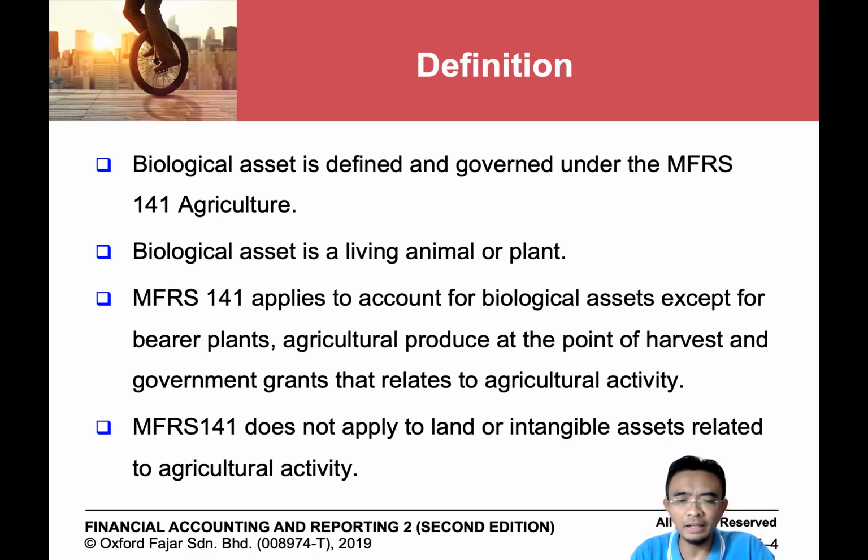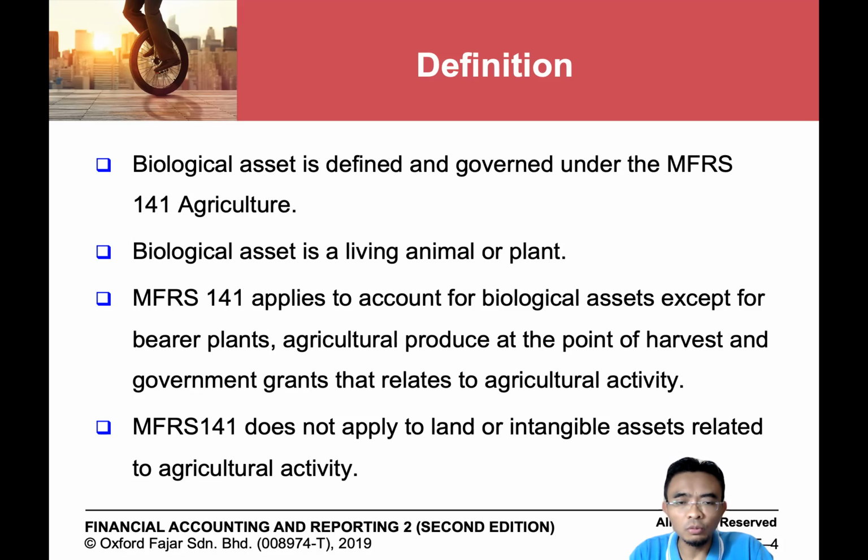The bearer plant itself is not covered under 141. The bearer plant is actually covered under MFRS 116, property, plant, and equipment. So even though it is a plant, it is a special plant that we call a bearer plant, so it comes under MFRS 116, property, plant, and equipment.